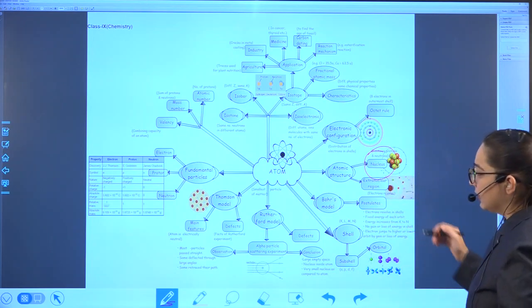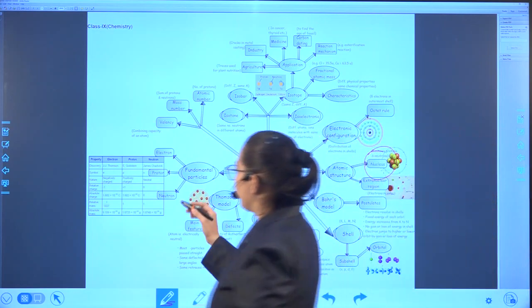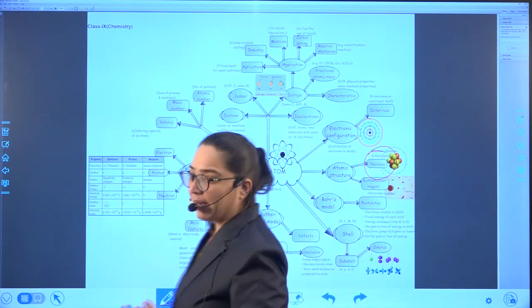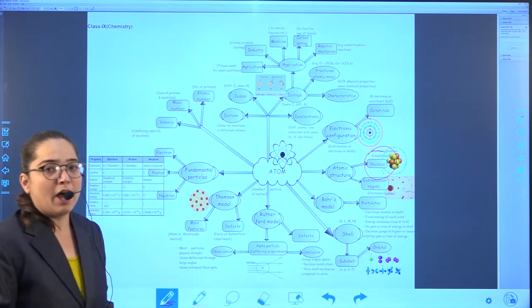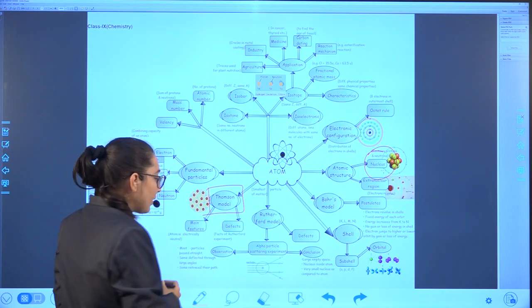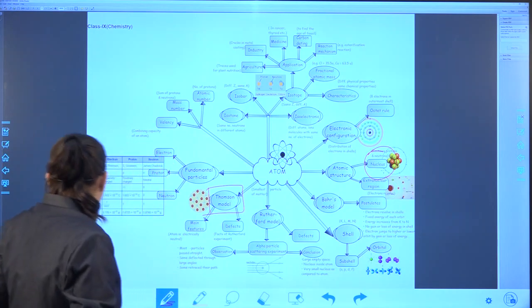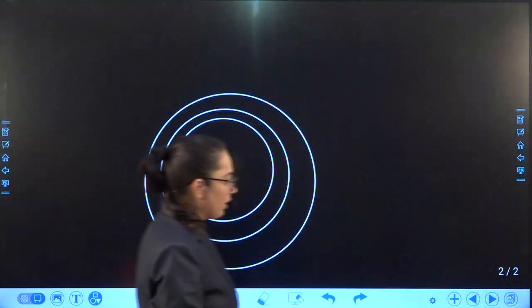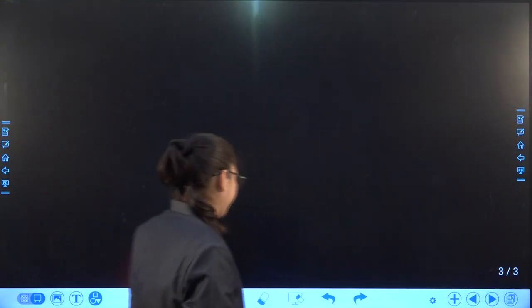Here are the ways by which people tried to explain the structure of atom. Among them, the very first was Thomson's model. What did Thomson state? Thomson's model was somewhat something like this.